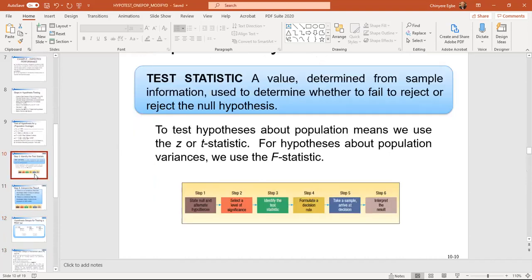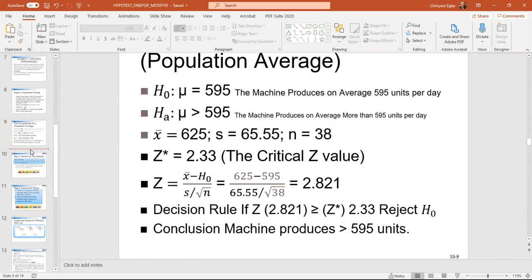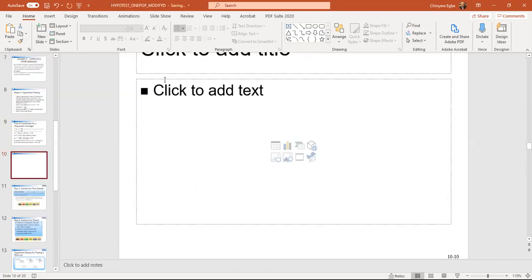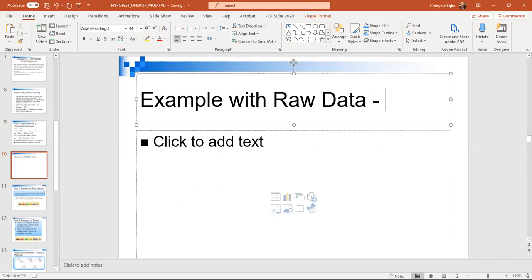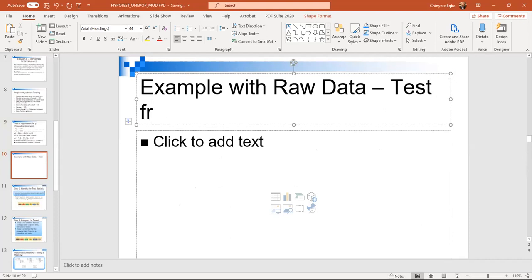We're going to do an example with raw data, and I'm going to start that problem from scratch. Okay, so you test from, I'm going to use simple language here, from scratch.